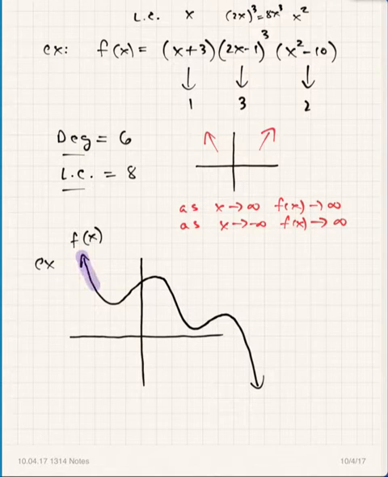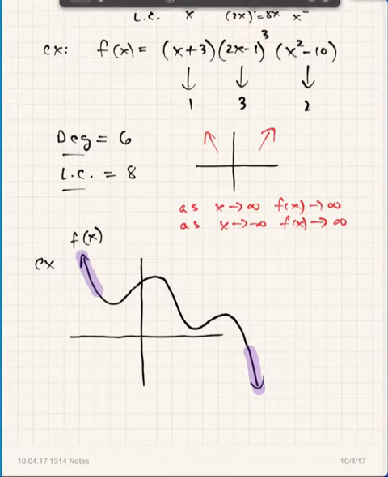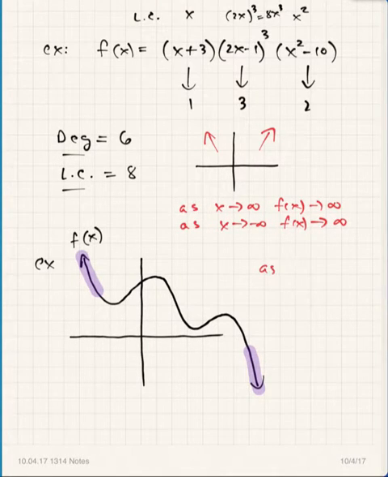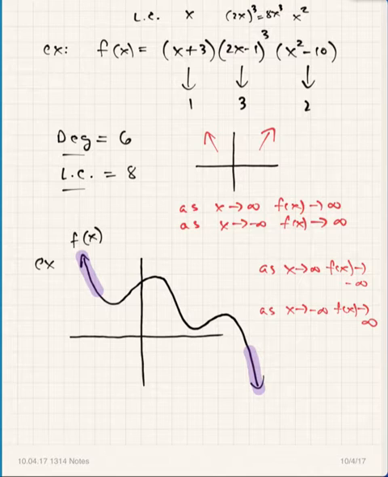On the picture, we're just looking at those two features of the graph, and we see that as x goes to the right, the graph is dropping, so f of x goes to negative infinity. And as x goes to the left, f of x goes to positive infinity, because the graph is going up right there.